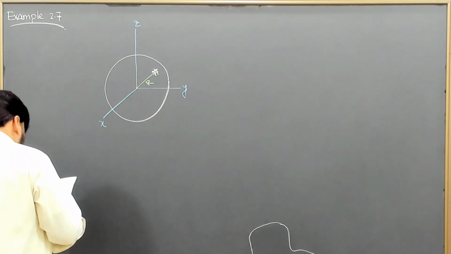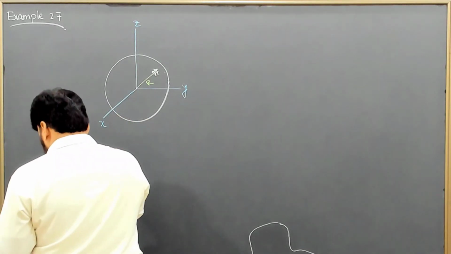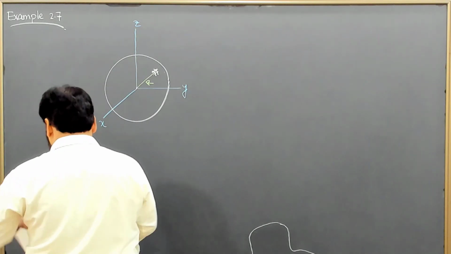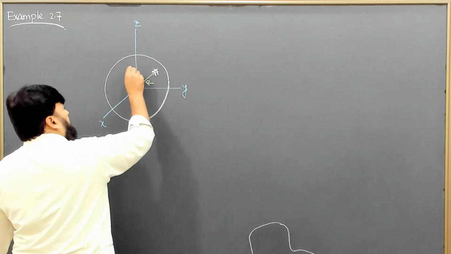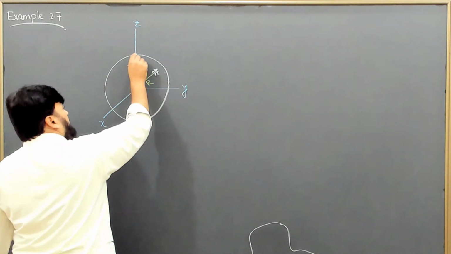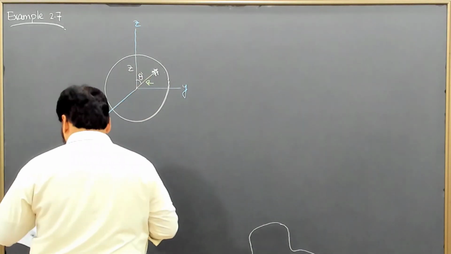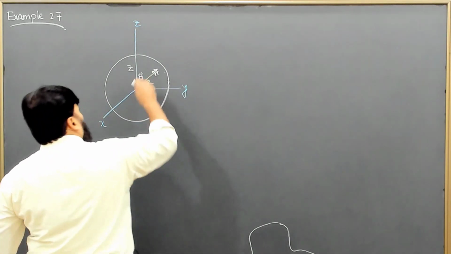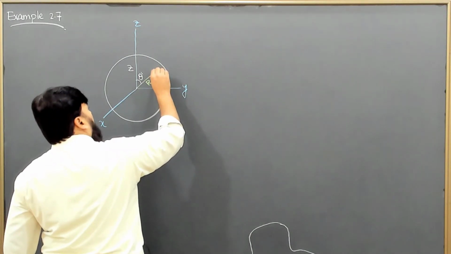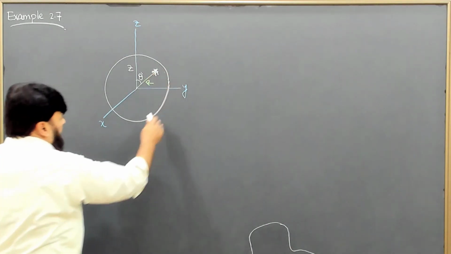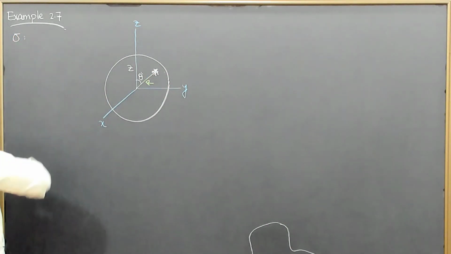Here this length is equal to z, and the angle here is theta prime. This is the source, and there is charge, sigma charge, on the surface of the sphere.